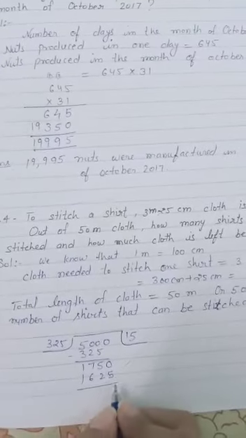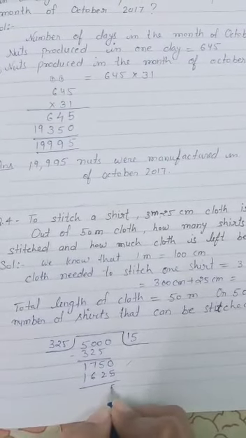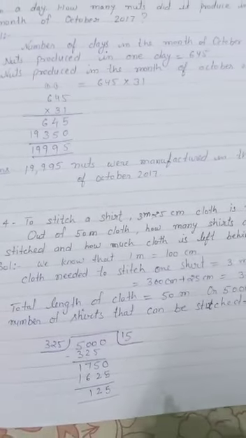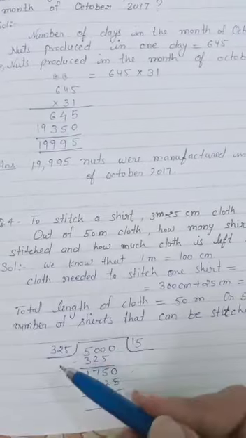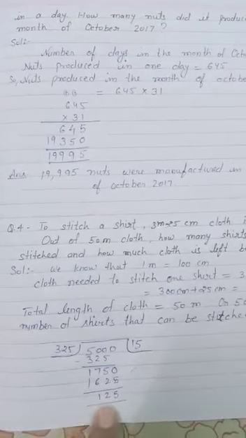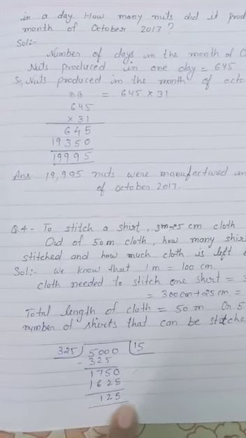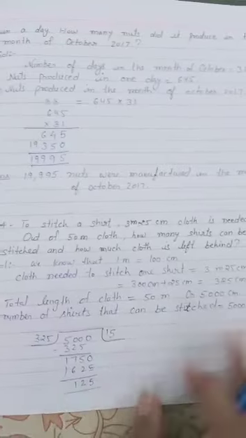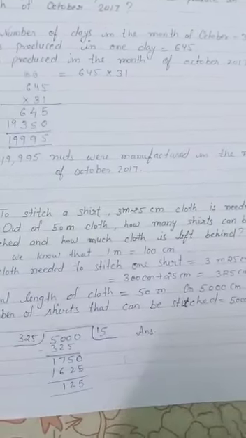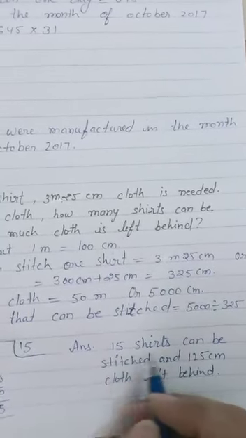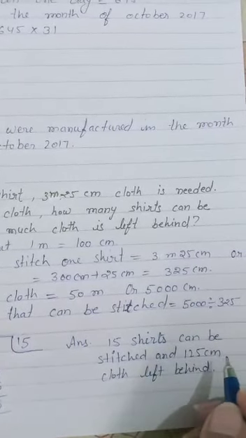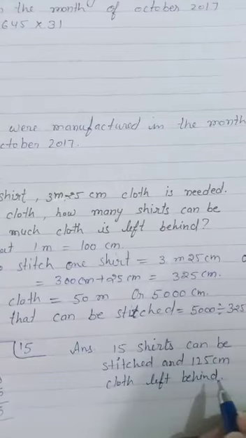Whenever we subtract again here, the answer will be 125. Now the remainder is smaller than the divisor, so it is the remainder and that is the quotient. So the answer is 50 shirts can be stitched and 125 centimeter cloth is left behind.